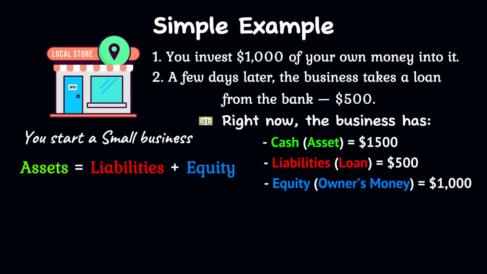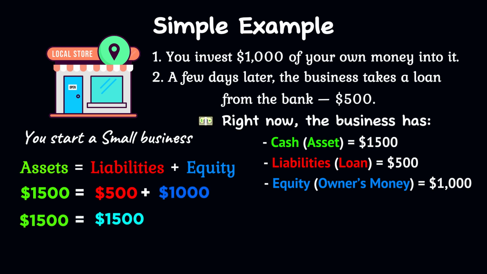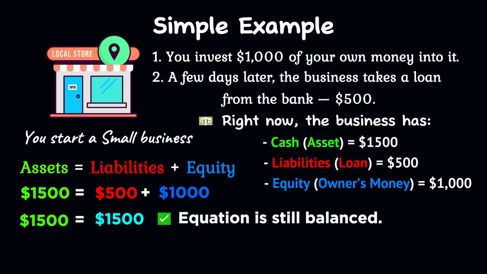Assets are equal to $1,500, and when you add up $500 with the equity, which is $1,000, it becomes $1,500. So it's equal to the assets, which is also $1,500. So this indicates that this equation is balanced.